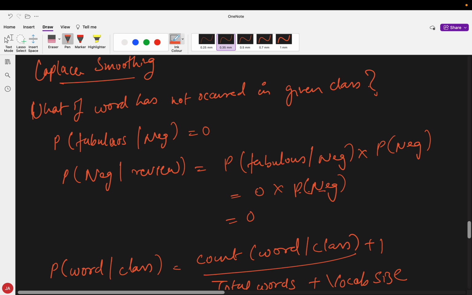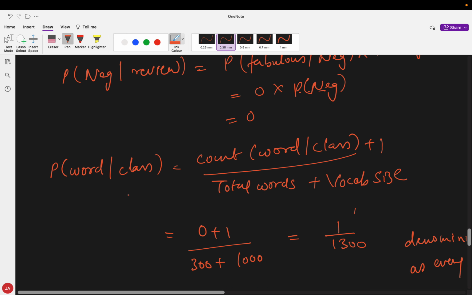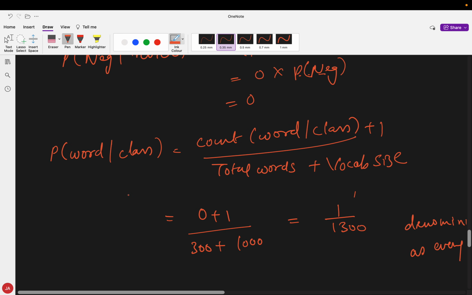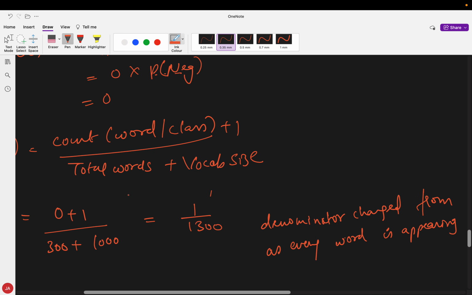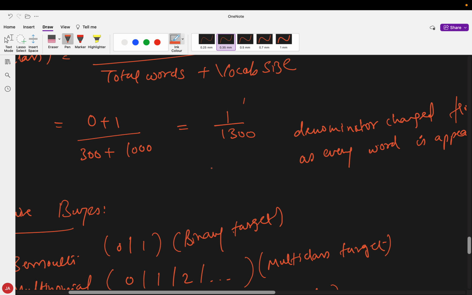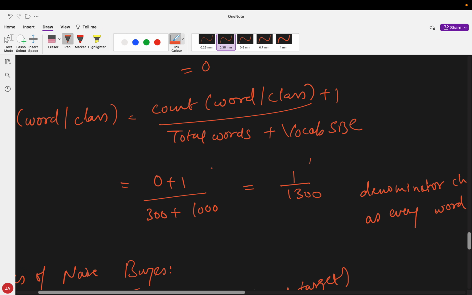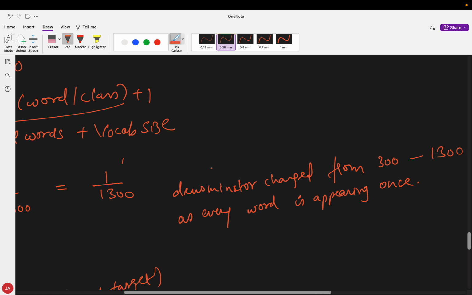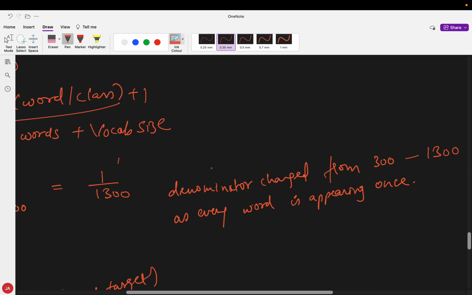If I multiply 0 with the probability of negative, the entire posterior probability goes to 0. So to avoid this, we use Laplace smoothing, where we assume that each word occurred at least once in every class. So the posterior probability will never be 0 for any class. It would be a very small value.